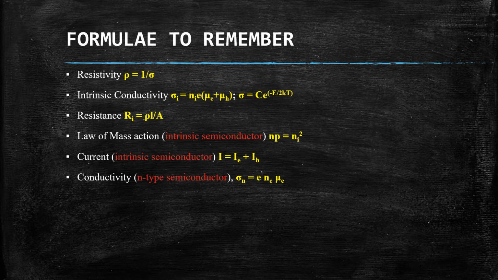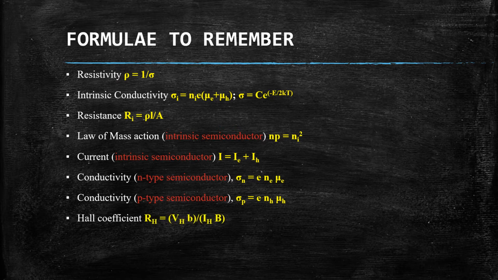The conductivity in an n-type semiconductor is given by sigma n equals e into Ne into mu e. Similarly, for a p-type semiconductor, sigma p is equal to e into Nh into mu h. The Hall coefficient RH is given by VH b by IH B, where VH stands for the Hall voltage, b stands for the breadth of the material, IH the Hall current, and capital B standing for the transverse magnetic field.